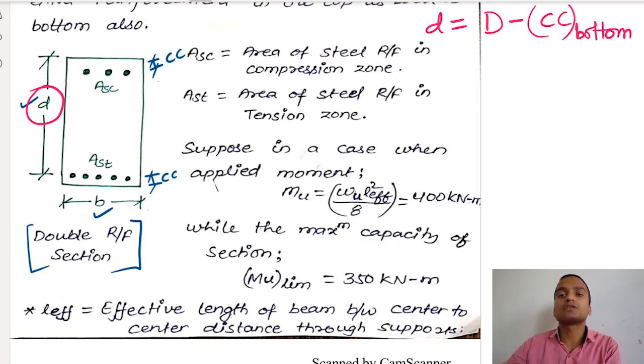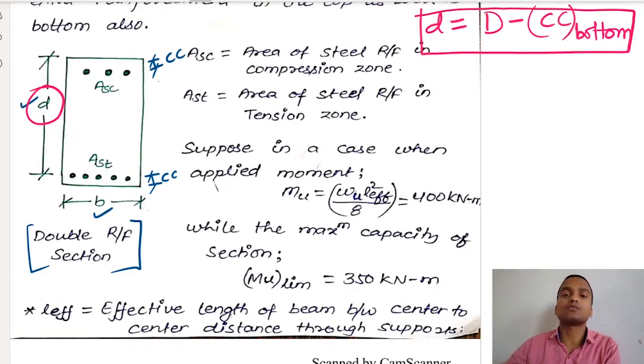So this is going to be the same in all the calculations that we are going to reach. I am not going to discuss much more calculation here, but how we proceed for doubly reinforced beam, what the design philosophy is, why we do it, and why the need for doubly reinforced beams arises.